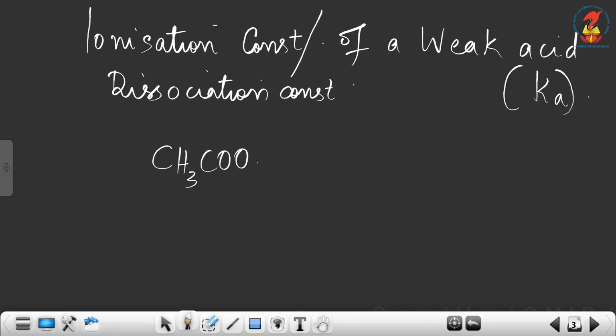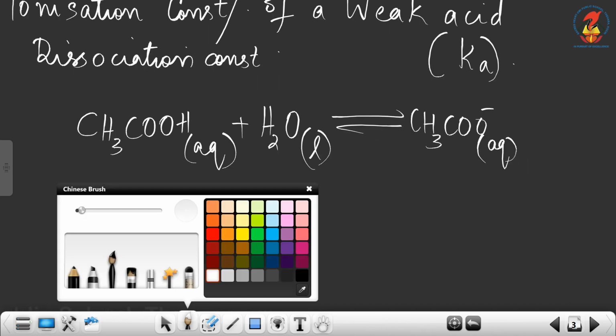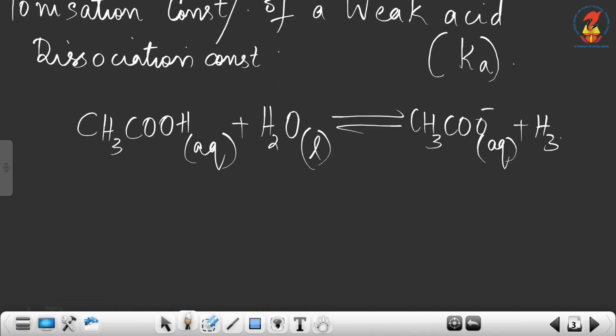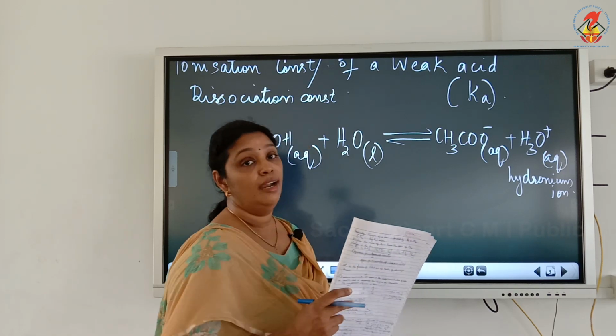So the equation is CH3COOH (aq) plus H2O (l) in equilibrium gives CH3COO- (aq) plus H3O+ (aq). H3O+ is called the hydronium ion. The H2O accepts H+ from CH3COOH and we get H3O+, the hydronium ion.